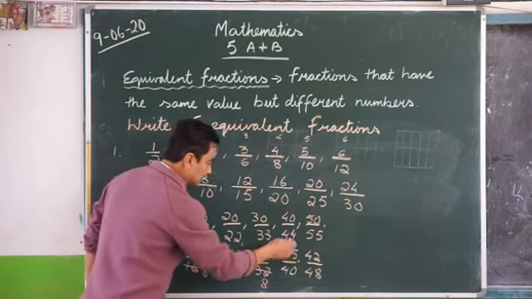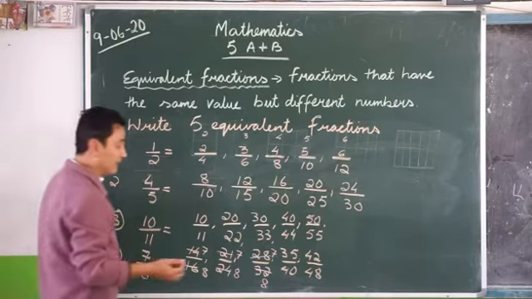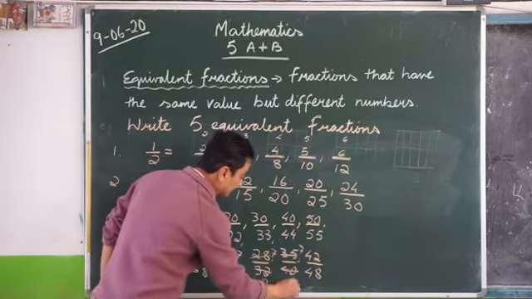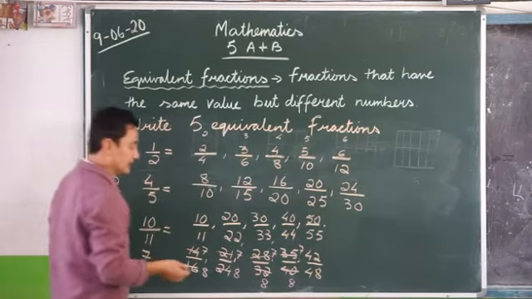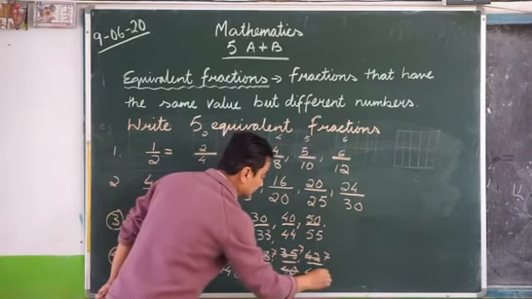7 upon 8. Which number is going to 35 and 40? 5. 5 sevens, 5 eighths. Which number is going to 42 and 48? 6. 6 sevens, 6 eighths.